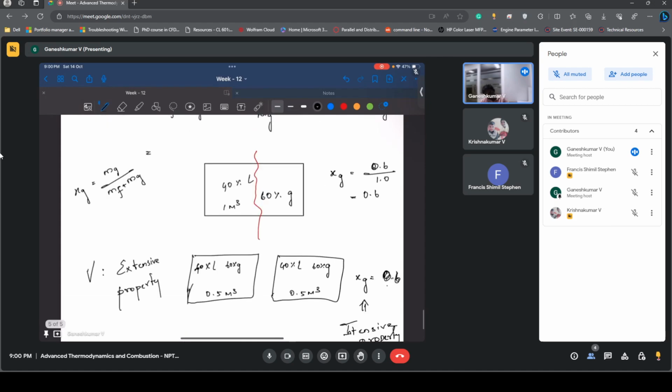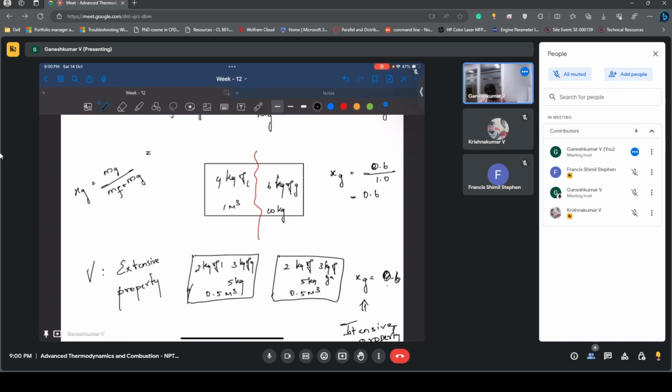You can even, instead of 40%, say 4 kg of liquid and 6 kg of gas, total 10 kg. Now you divide by half, you have 5 kg and 5 kg. How many kg of liquid and gas will you have? 2 kg of liquid and 3 kg of gas, and similarly 2 kg of liquid and 3 kg of gas.